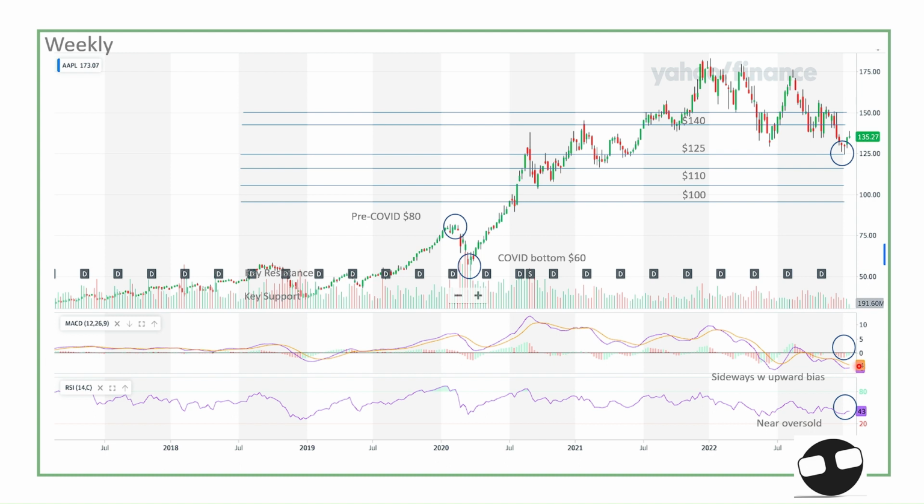MACD is still sideways, but there's a bit of upside pressure, though there's no volume support right here. So it's still wait and see next week if the stock would test 140 or would revisit 125.